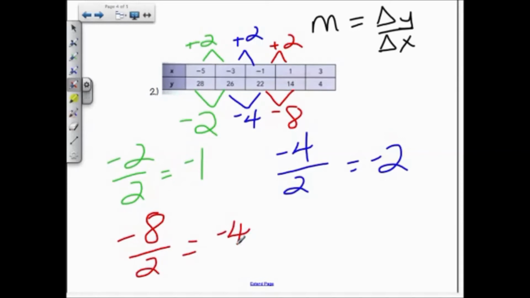Now, if you notice, when I do every single one of these problems, my rate of change is not constant. It's not staying the same, which means that this is non-linear, okay?